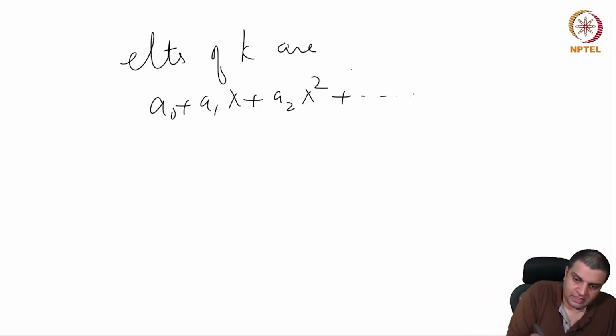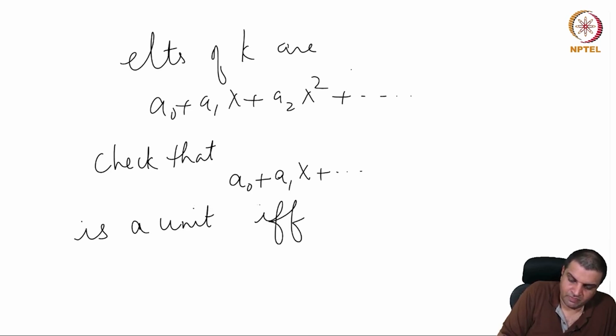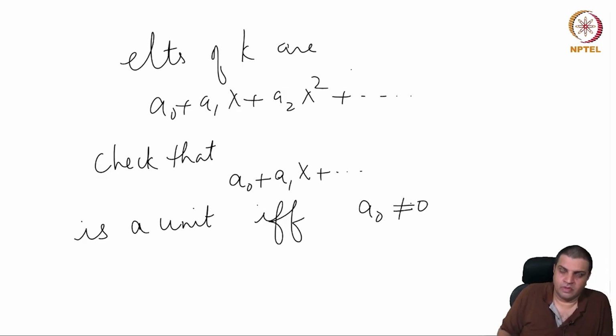Then one can check that a0 plus a1 x plus so on is a unit if and only if a0 is not 0. That's one statement one can check.